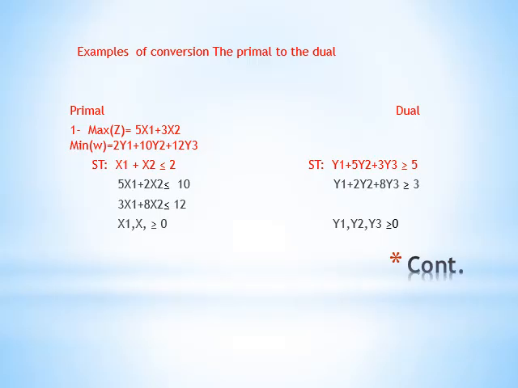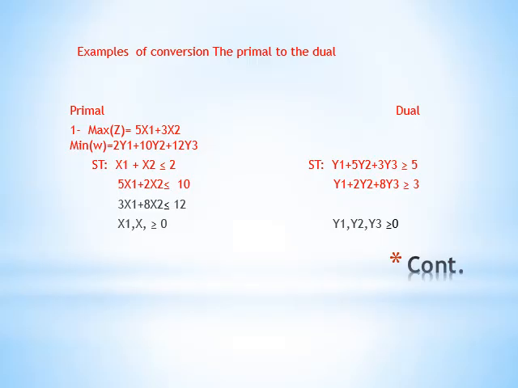Then the first row of the constraints of the dual will be y1, because the coefficient of x1 is 1, respectively the first figure of this row is y1, then 5y2, then 3y3.